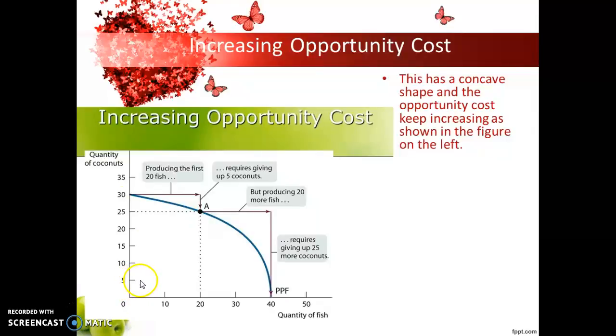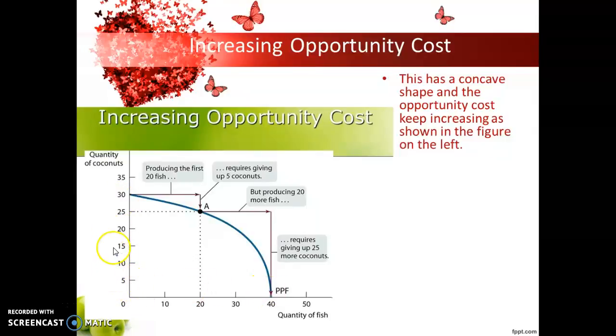So you know you have to give up 25 coconuts, right? When it was producing at point A, all you had to do was give up 5 coconuts to produce 20 fish. 5 coconuts. But when it chooses to produce 20 more, which is 40 fish, it had to give up an overall of 25, because 30 from 5 we have 25, right?